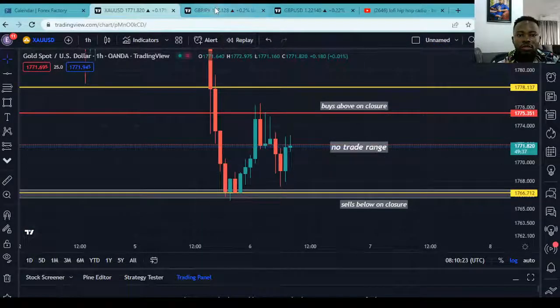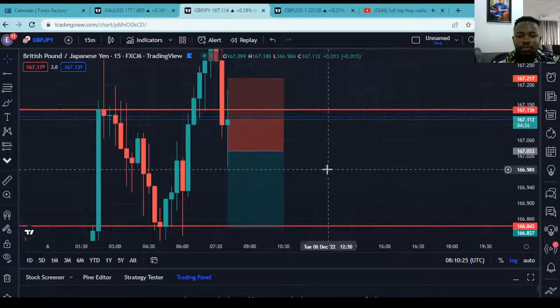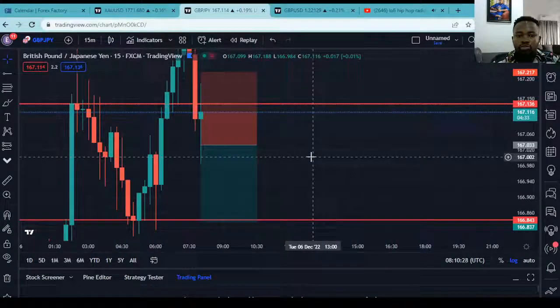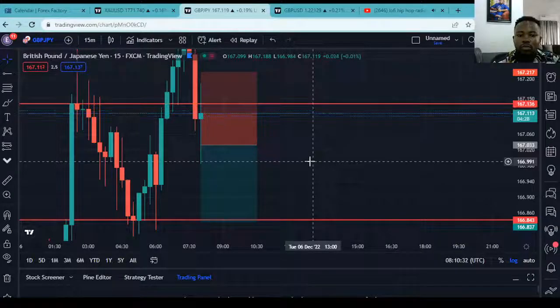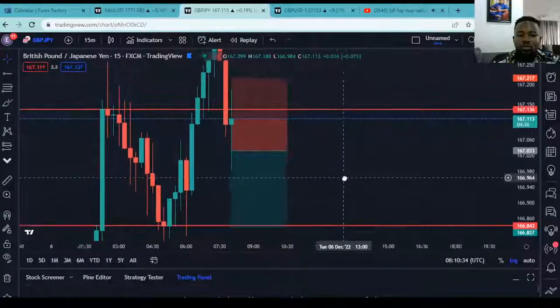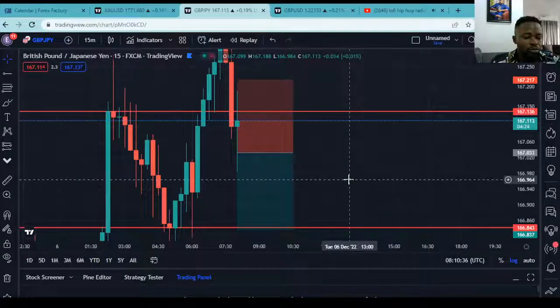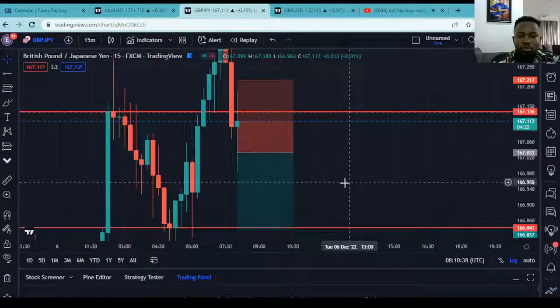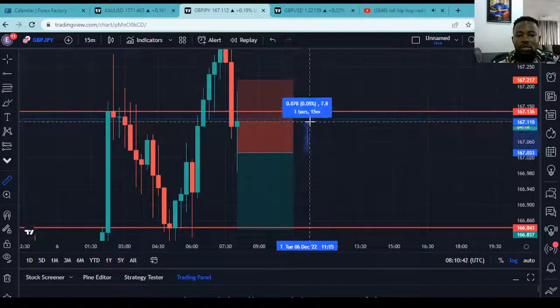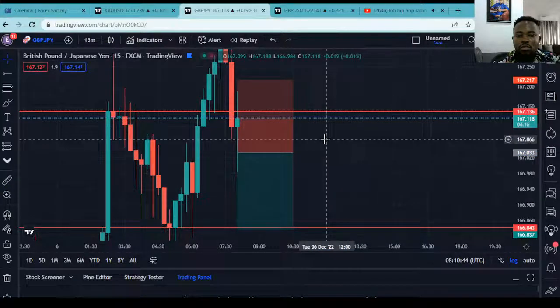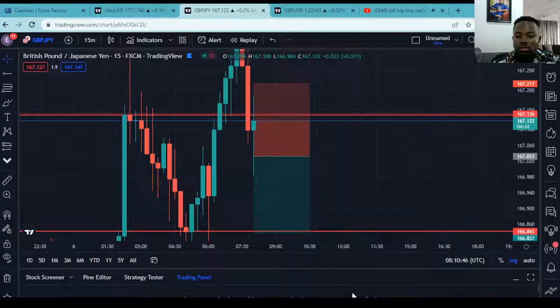Gold is still ranging. We're about 7 pips from our entry point.